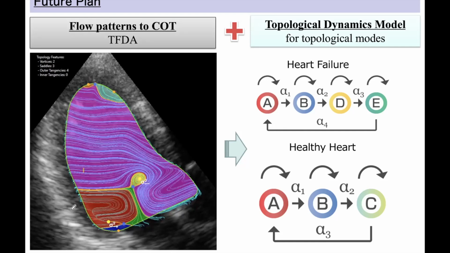So we are now trying to convert this kind of flow data into a graph structure. Then we can compare the graph structures and identify which one is healthy and which one is diseased, as a transition graph. So a simple model of heart failure should be constructed by using TFDA.